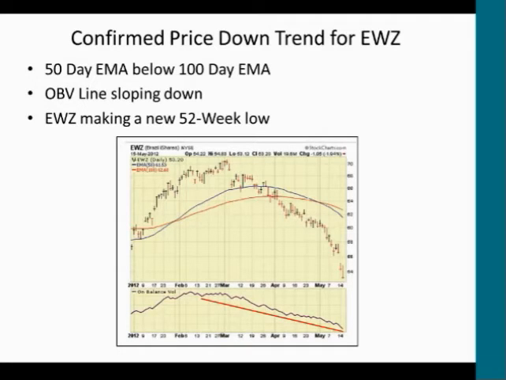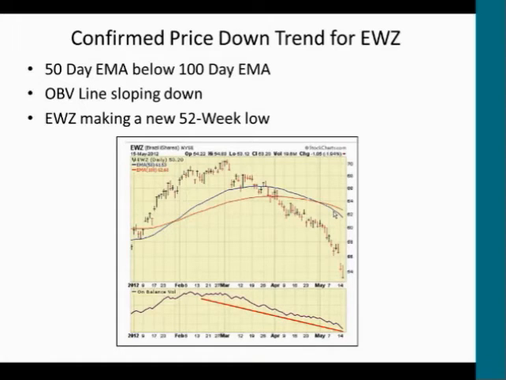You can see that Brazil is in a confirmed downtrend because the 50-day EMA is below the 100-day EMA. It's been making a series of new 52-week lows, and the on-balance volume line is sloping down. So the idea here is you own TJX stock, which has been performing well, and you're short calls on the Brazil index, which is in a confirmed price downtrend.